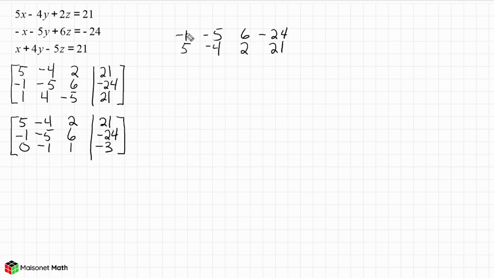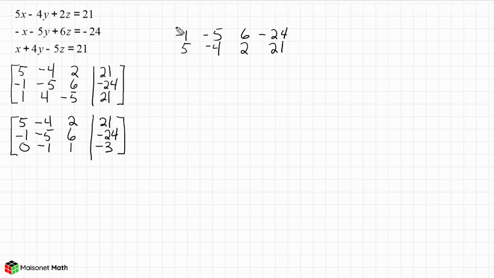Now, we want the x column to be 0, but as is, -1 and 5 is +4, so that is not going to work. But remember, you can take any equation you want and multiply all of the numbers by any factor. So we're going to force the issue here. We're going to turn this -1 into the opposite of 5, which would be -5.